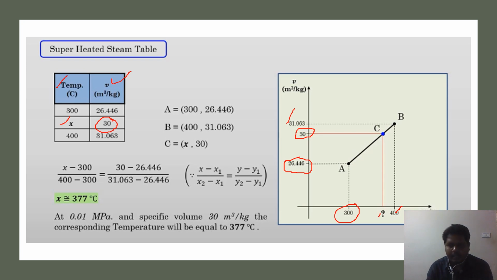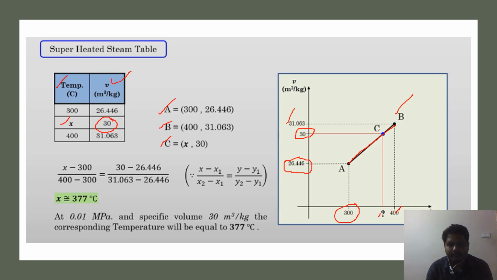On the x-axis we have to find the temperature. If you join all the points, just name them A, C, B. At point A, the xy coordinates are 300, 26.446. At point B, the xy coordinates are 400, 31.063.